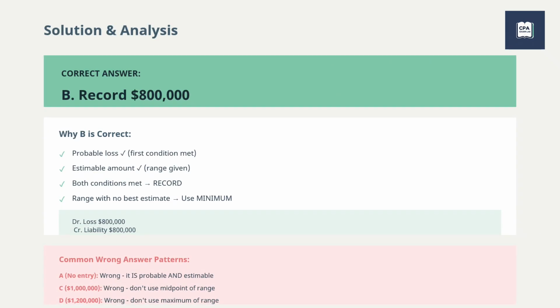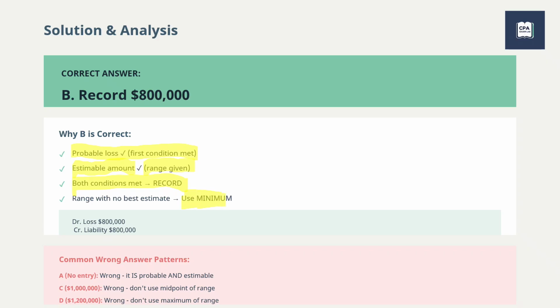And here is also the solution and analysis. Why is it correct? It's probable, so we met the first condition. They give us an estimate, a range, so both conditions are met and we are recording it. If there is no best estimate, we use the minimum.